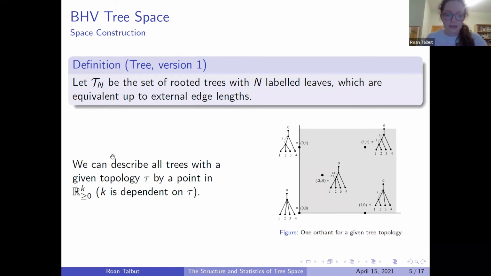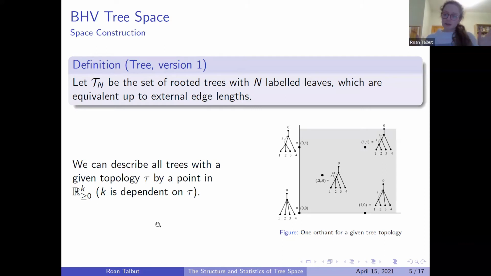So here we have an example. We're looking at trees with 4 labeled leaves, 1, 2, 3, 4, and the 0 is our root. This will have at most 2 internal edges, which gives us this quadrant here. When we're talking about higher dimensions, I'm going to be referring to those as orthants. It's just a higher dimensional quadrant.